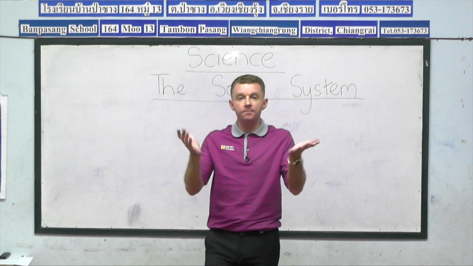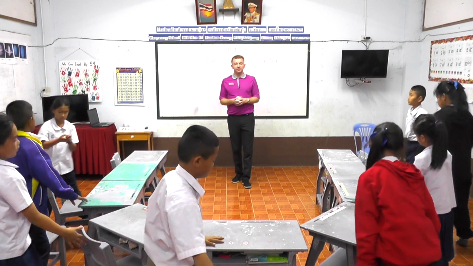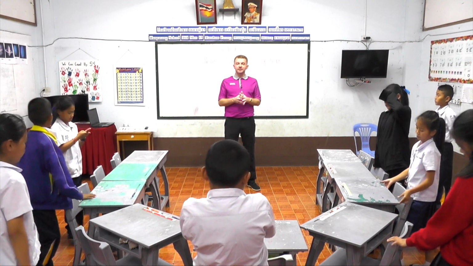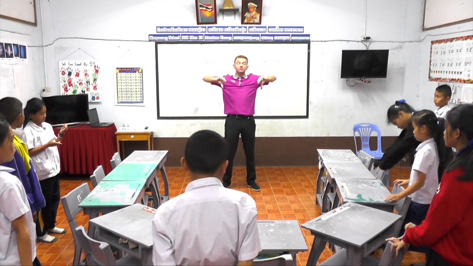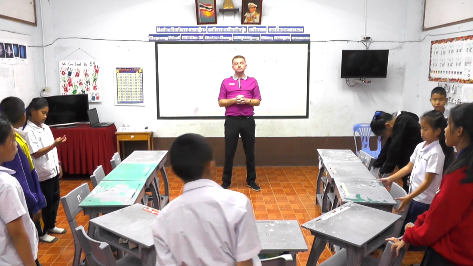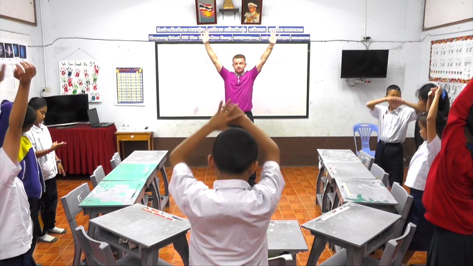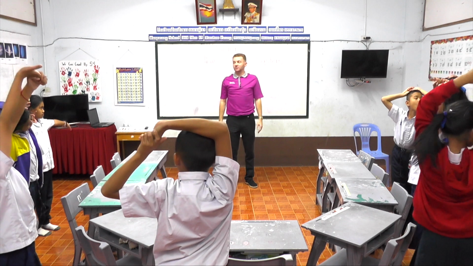So let's stand up and push in our chairs. And for this sequence, we'll have a game of Teacher Says. So listen carefully. If Teacher says, we can do. If Teacher doesn't say, we won't do. Okay? So Teacher says, arms in the air. Arms down. Teacher says, arms down.